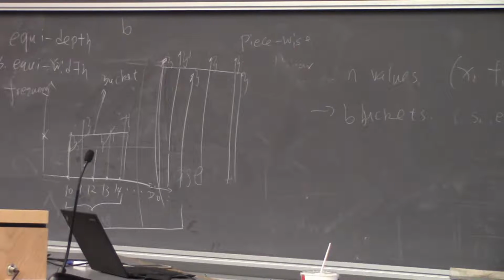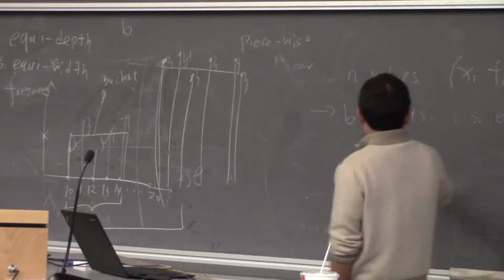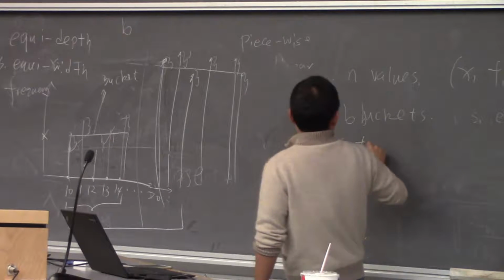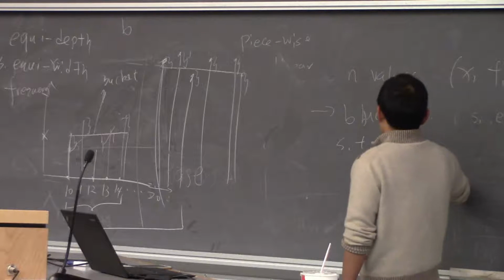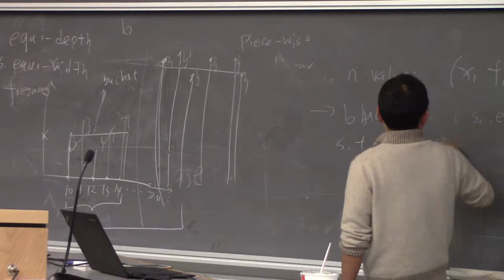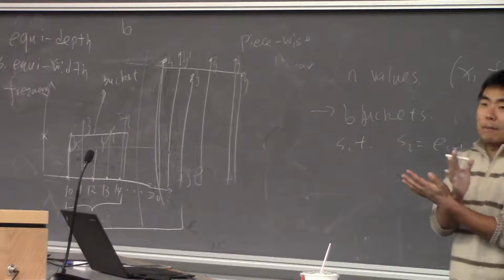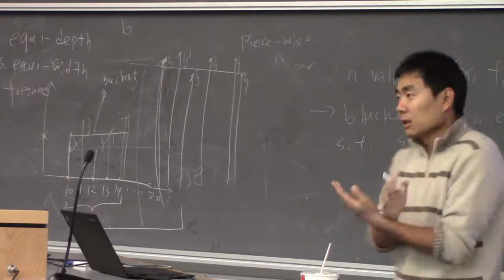So each bucket is defined by the starting point, end point, and the value for the bucket. You follow me? Of course, there is a clear constraint, which is the starting value of the next bucket is the end point of the preceding bucket.